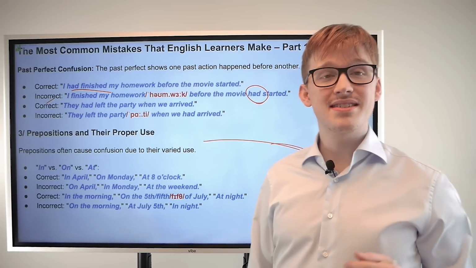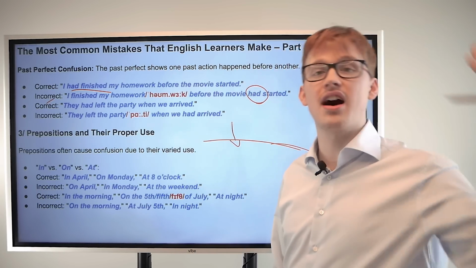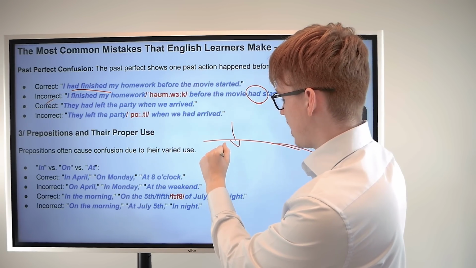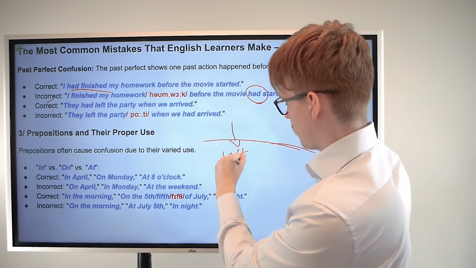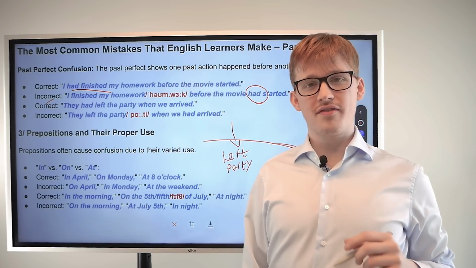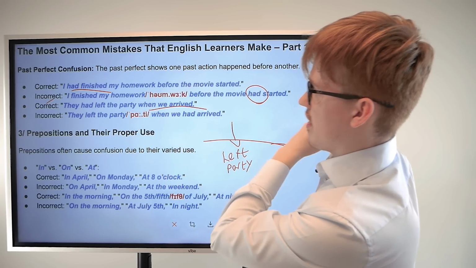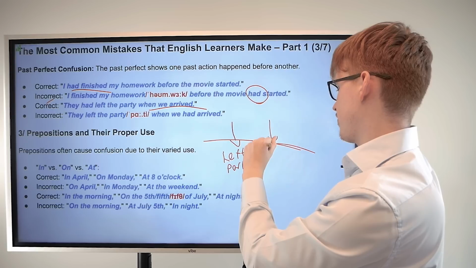Yeah, it's left the party, right? The last thing that happened in time that we're talking about is leaving the party. So, left the party. And then what happened after they left the party? We arrived. So they had left the party and then we arrived.